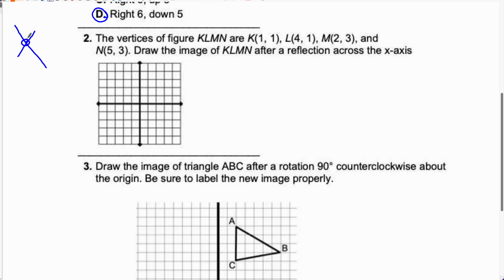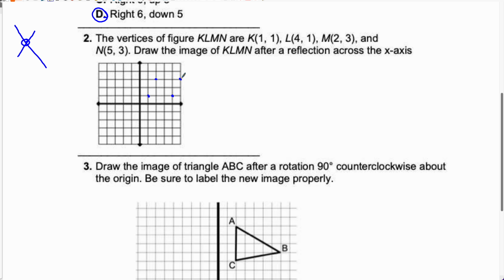So the vertices of figure KLMN are (1, 1), (4, 1), (1, 2), ... and (5, 3).